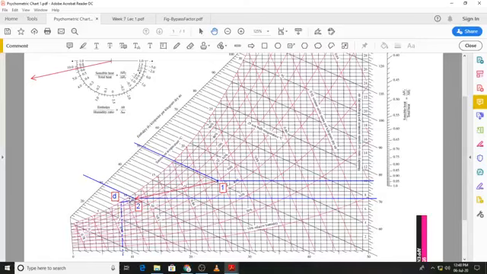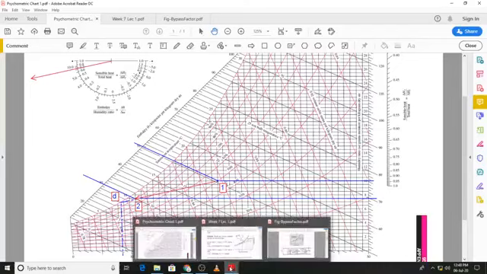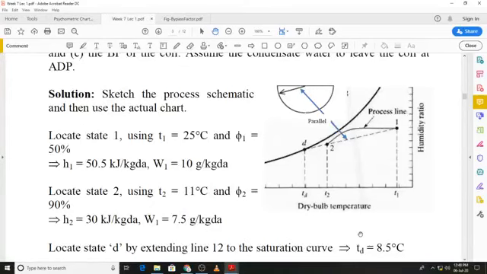And you can see I have extended the process line 1 to 2 to the saturation line, and at that particular point, reading the temperature, this is 5, 6, 7, 8, around 8.5 degrees is the temperature at D, and that is what we have got in the solution.